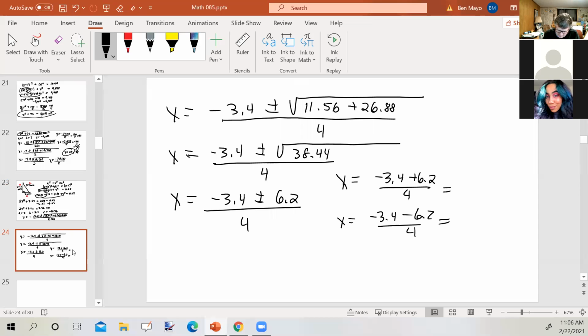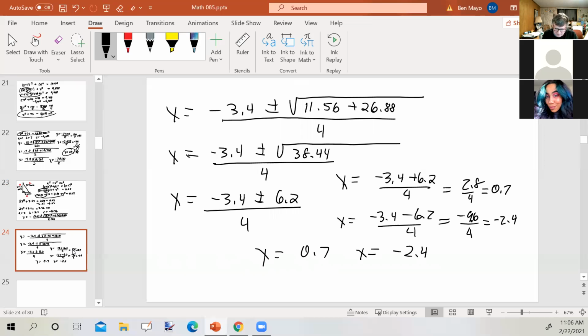Negative 3.4 plus 6.2 is 2.8 over 4, which would be 0.7. Negative 3.4 minus 6.2 would be negative 9.6 over 4, which is negative 2.4. So we're getting x is 0.7 and x is negative 2.4.